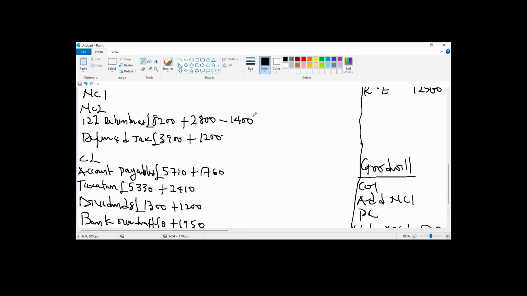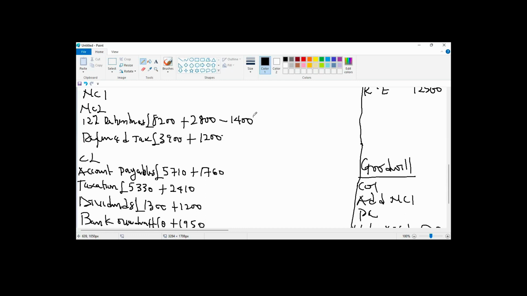Any issue? Any issue before I proceed? Yes, sir. The 1,400. Where do you get the 1,400 from? What is the debenture value of the subsidiary? The debenture value is 2.8. 50% of 2.8.